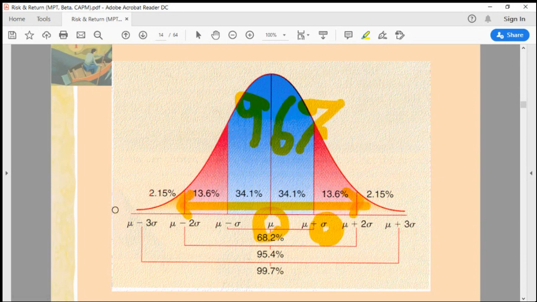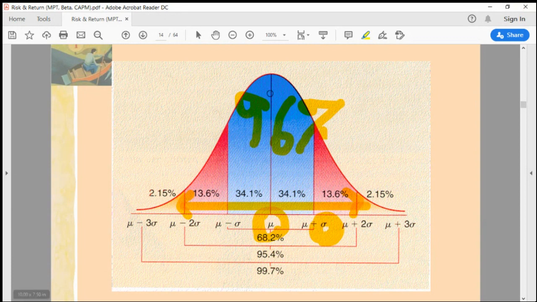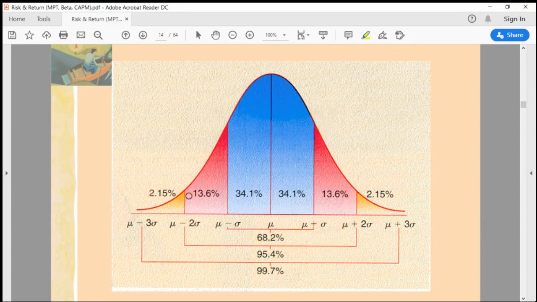So both tails, the upper tail and the lower tail, the right or left tail, these tail areas are called outliers. Outlier means literally lying outside the normal distribution's 96% range.